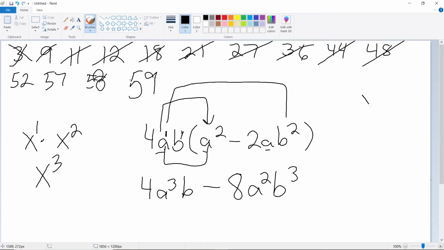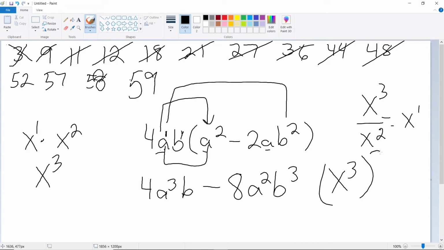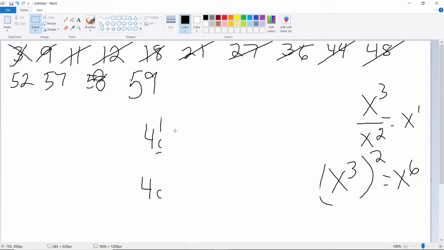If I divide x cubed by x squared, we subtract the exponents. That would be x to the first. And if we raise a power to a power, we multiply the exponents. So make sure you write those on your supplemental sheet and read that every day. It's also on the printed or written cheat sheet.